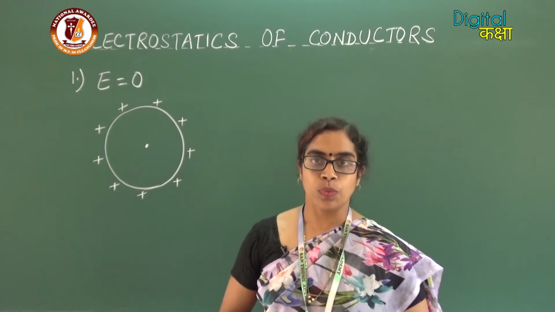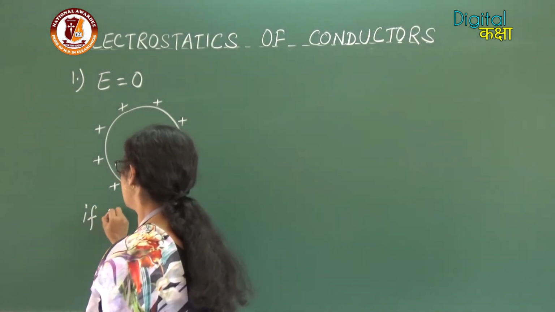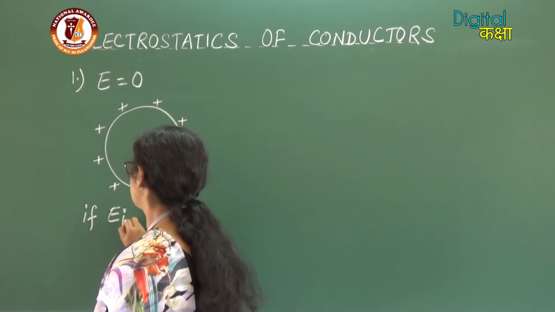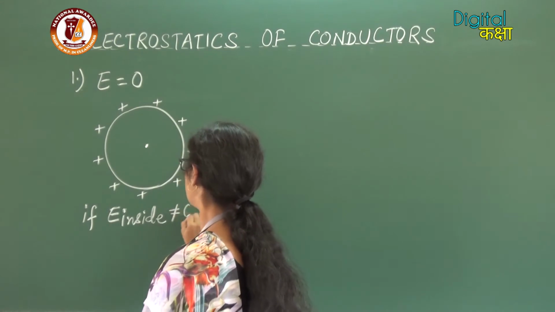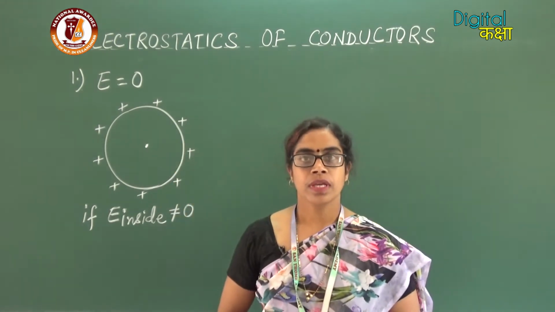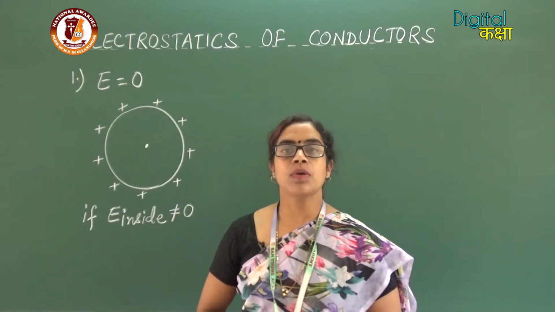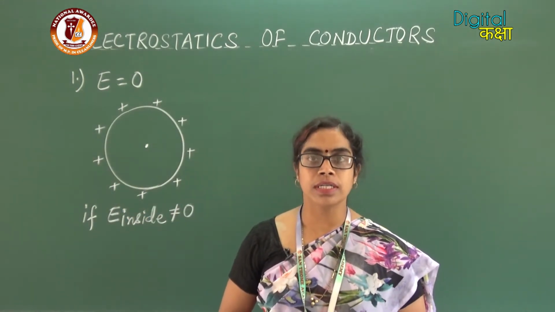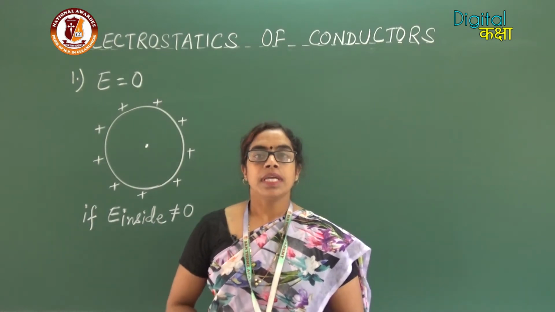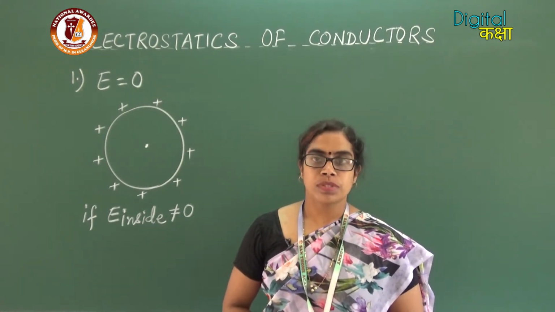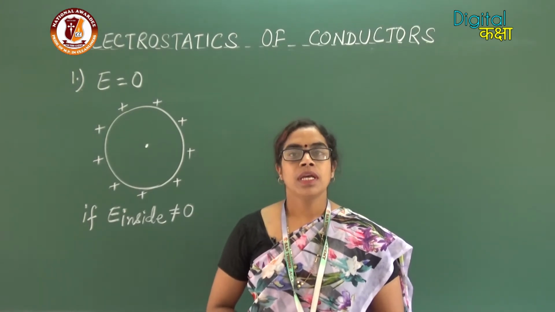Why is it so? If we assume that the electric field inside the conductor is not equal to 0, in that case, all these charges which are present on the surface of the conductor, and which are static charges, will experience a force.